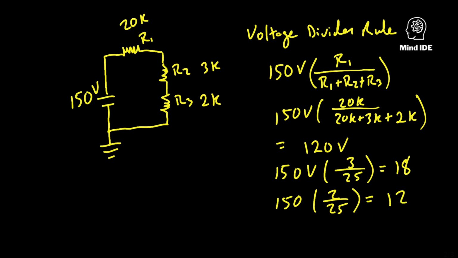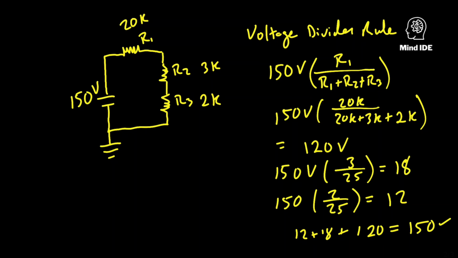And does that make sense? Well, let's see. If we go 12 plus 18 plus 120 is 150. So that checks out. So we have all these adding up to 0.